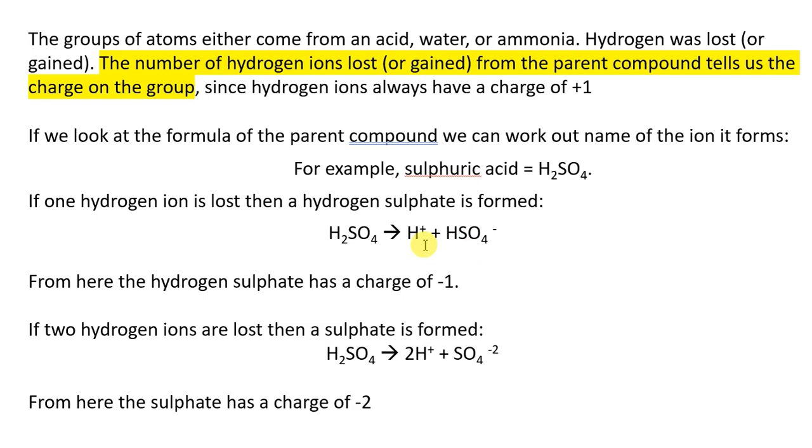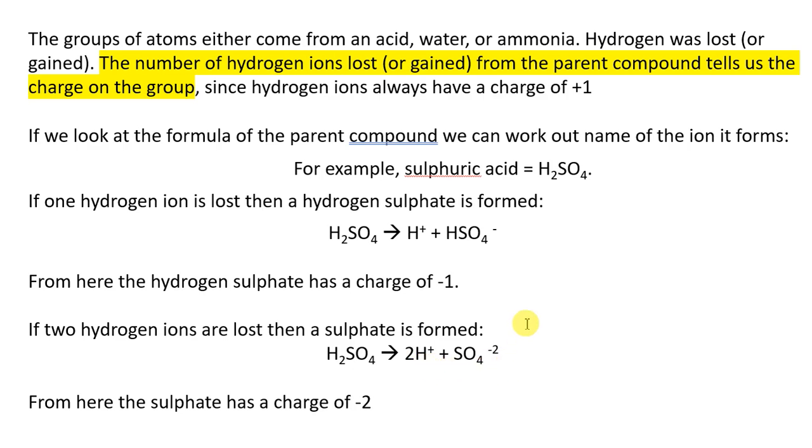Now, if hydrogen came off as H plus, what's left behind must have become negative. Charge has to balance. The hydrogen sulfate must have a charge of -1. One hydrogen was lost from sulfuric acid, leaving HSO4 behind. Charge must be -1 to give an overall charge of 0, which is the charge on the sulfuric acid to begin with.